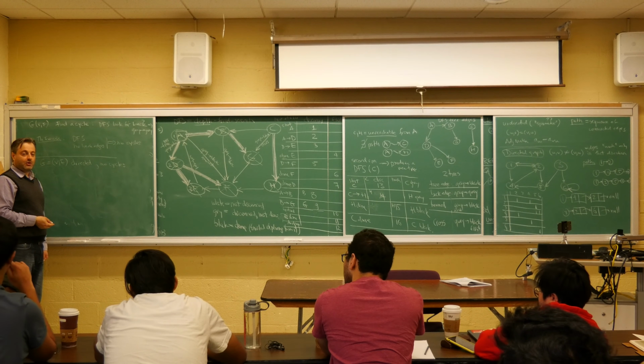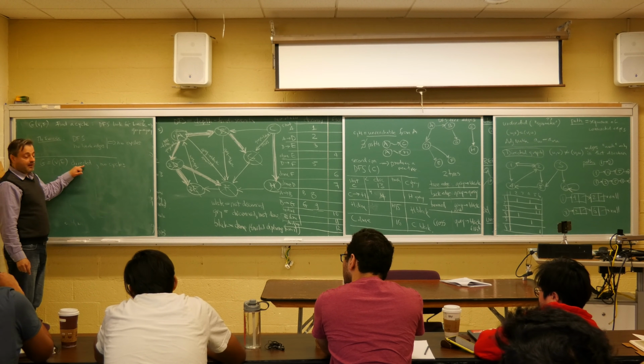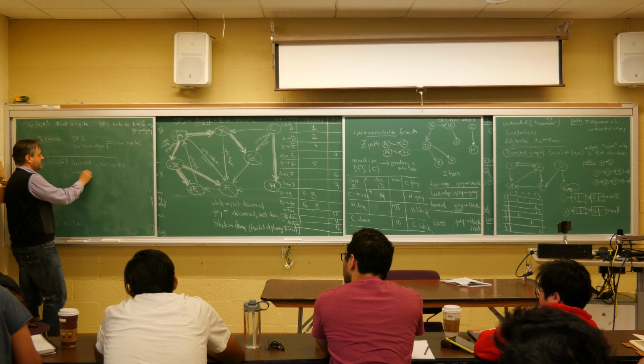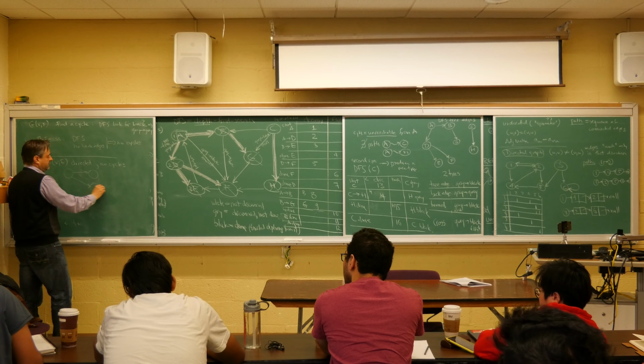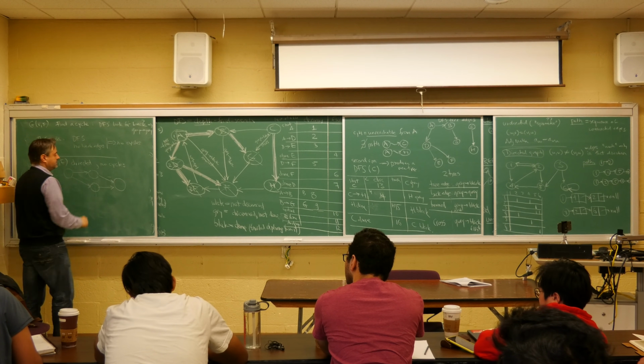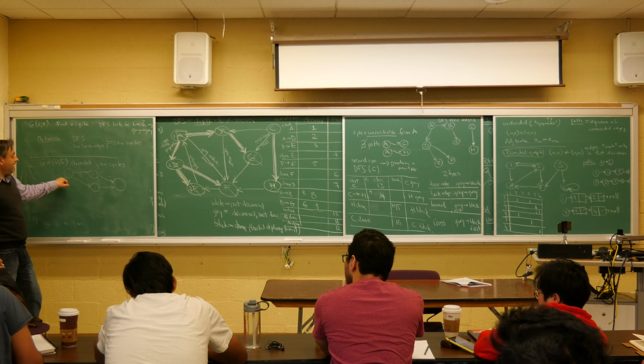Tree. No, because this does not imply a tree. For example, I could have something like this. This is a directed graph with no cycles, but is it a tree? No. What is it?